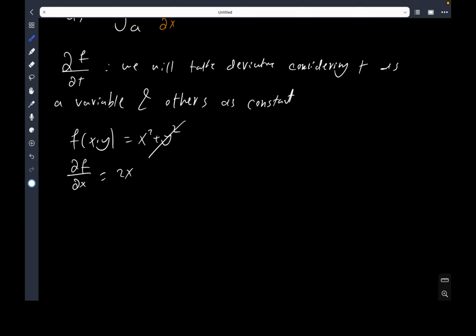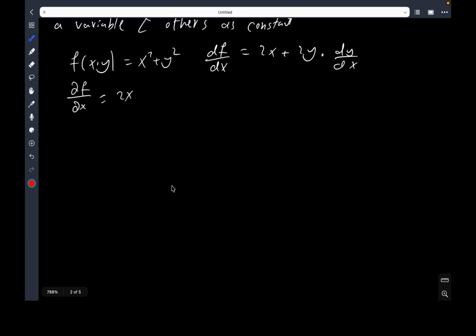So y is considered a constant. But if it was taking the total derivative df dx, it would have been 2x plus 2y multiplied by a dy dx chain. So these two, the partial f partial x is not equal to df dx.